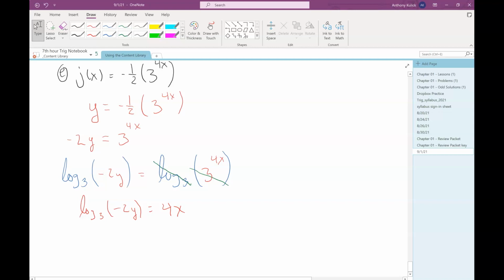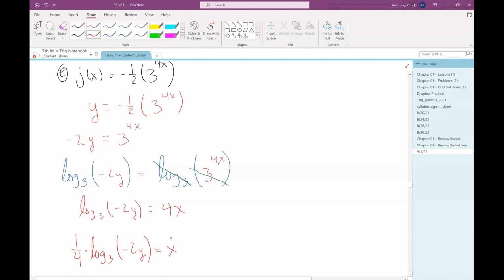And then the last step would be to switch the variables. We've got to get the x by itself. Divide by 4. I would write it as 1/4 times the logarithm. I think that just makes everything a little bit more clear, because it could be difficult to know where to put the divide by 4.